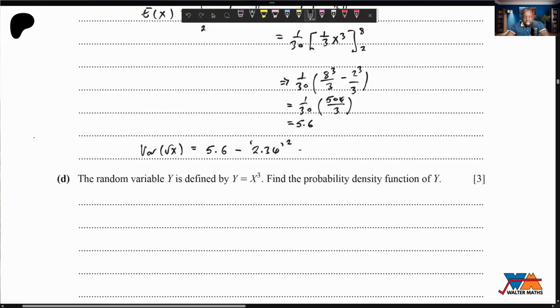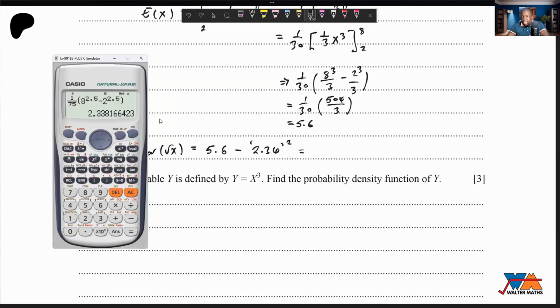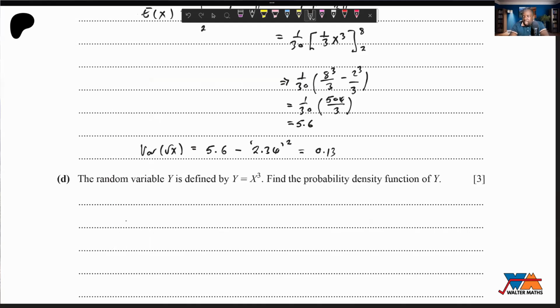We'll use the unrounded figure, because when we did the calculation, this was the unrounded figure, 2.338. So we'll just say 5.6 minus that squared, and we get 0.133 for the final answer. So that's how we do it.